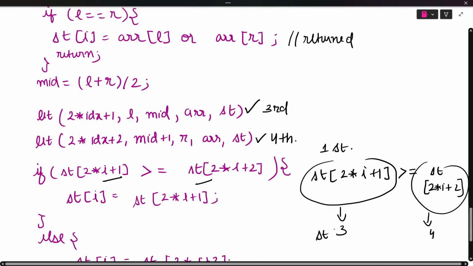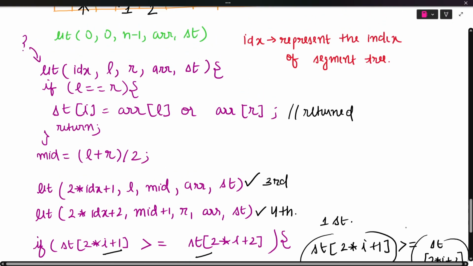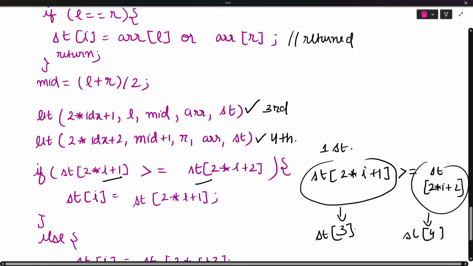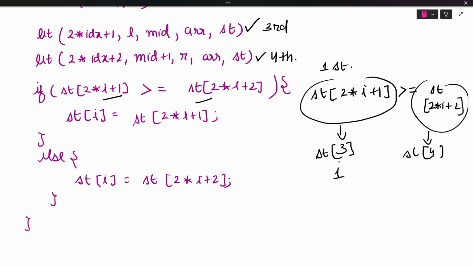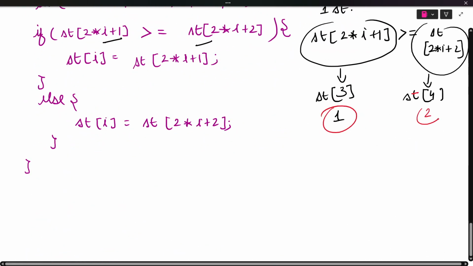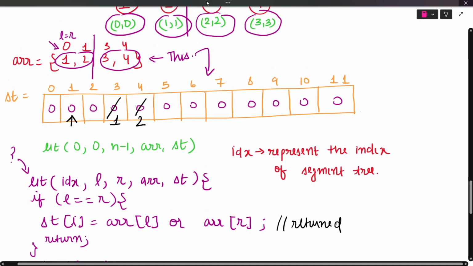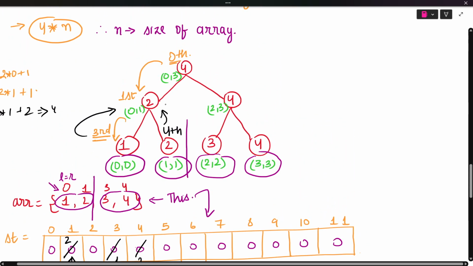So at the segment tree of third, what do we have? And the segment tree of 4, what do we have? At third, we have 1, right? We have 1, and here we have 2. So at this index we will have 2, right?